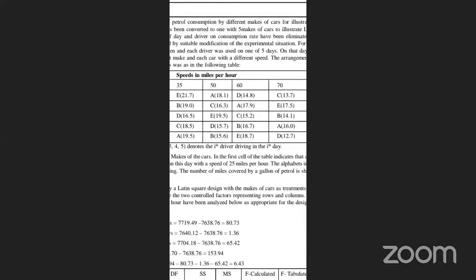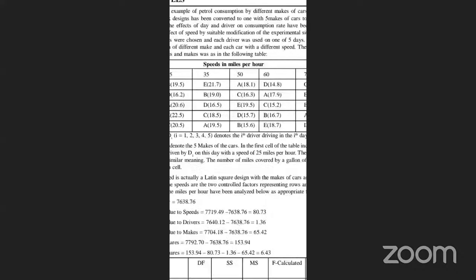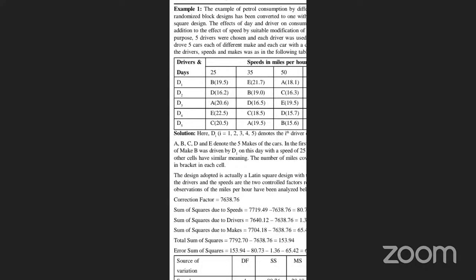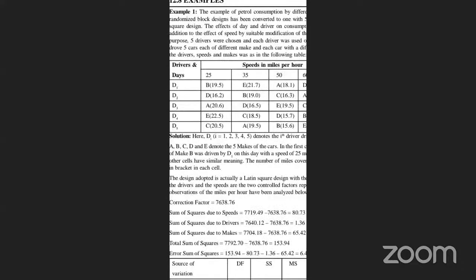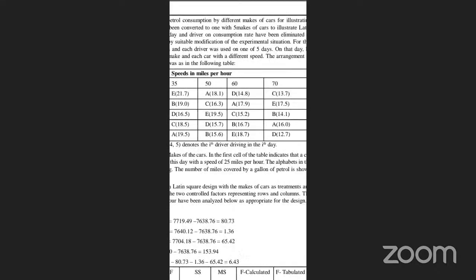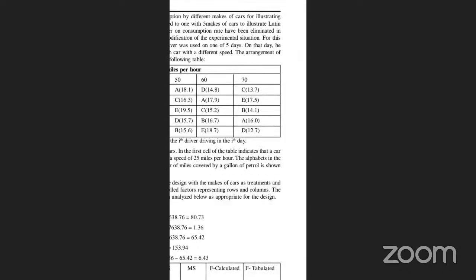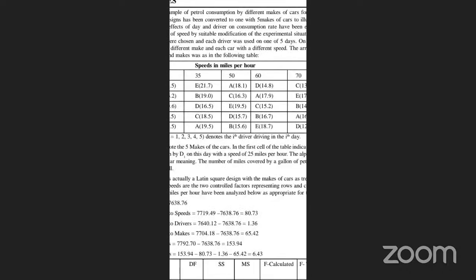In the initial table, the car make was driven by the driver on the day at a speed of 25 miles per hour. The alphabets in the other cells have similar meaning. The number of miles covered per gallon of petrol is shown in each cell, 19.5, 16.2.